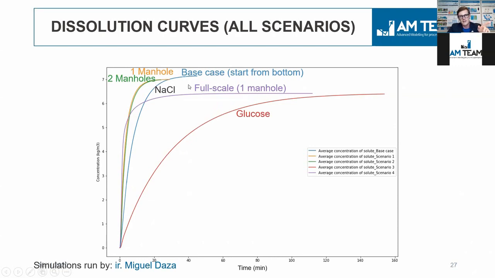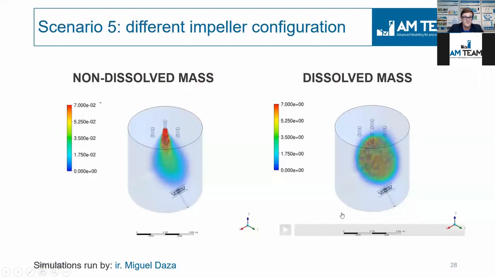You should actually compare the full scale, the one manhole, with the orange curve of the 50-liter vessel. But the added dose was a bit more, so that's why the maximum of the curves deviates a bit. But if you look at these dissolution curves, the impact of scale, components, and if you would change your temperature, all these things would drastically impact.